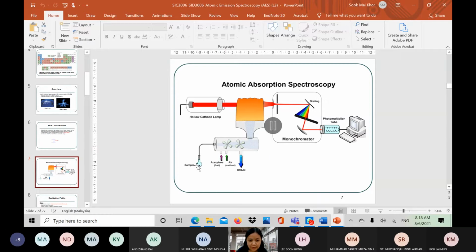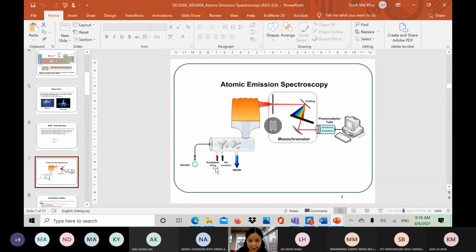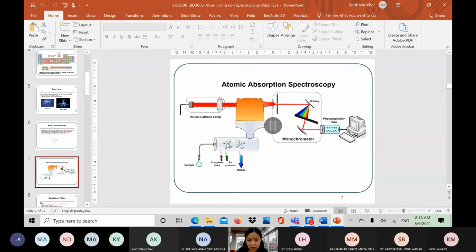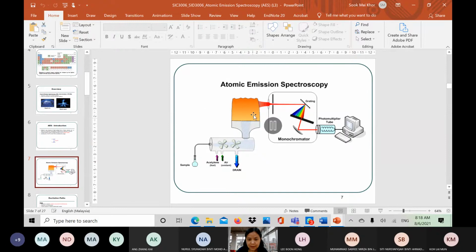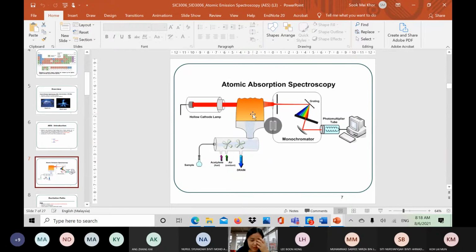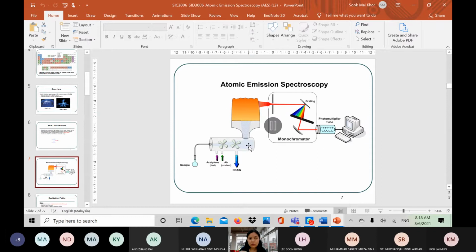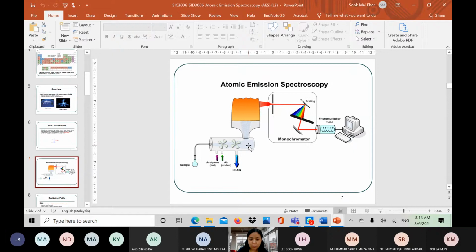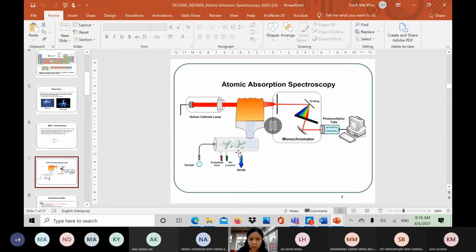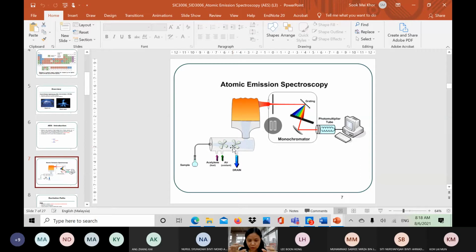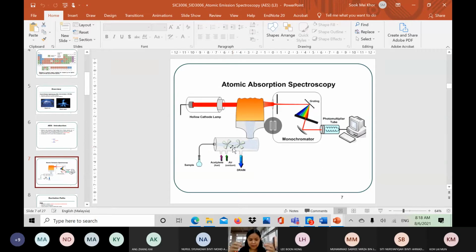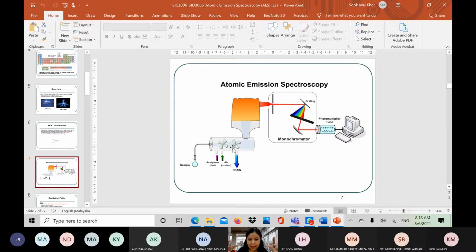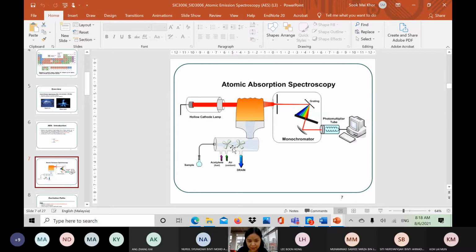When the sample in liquid, aqueous form is introduced into this system, the flame, the energy source for the atomization and excitation, it has to go through dissolution and evaporation, right? And how to make this process more efficient? We introduce the sample through the nebulizer and make it into fine droplets so that the evaporation and dissolution can be done more effectively.